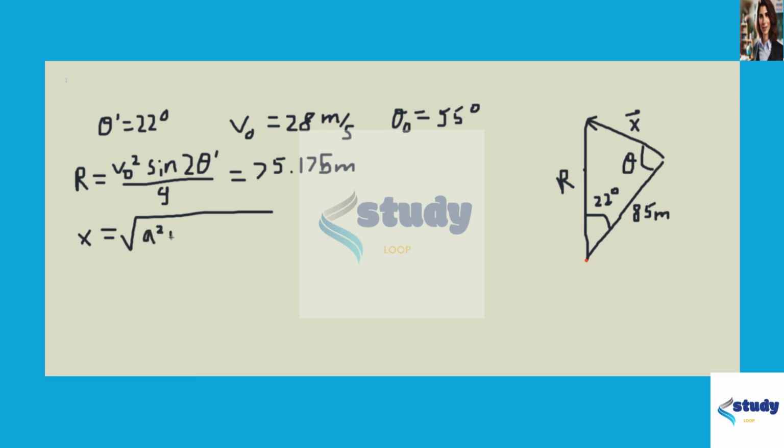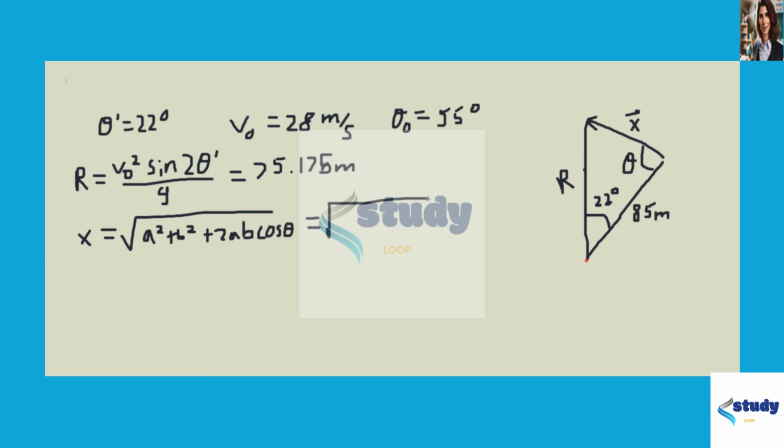So we're going to find X using the law of cosines, where X is equal to the square root of, in general, a squared plus b squared plus 2ab cosine of the angle. But for our situation, let's plug in those values.